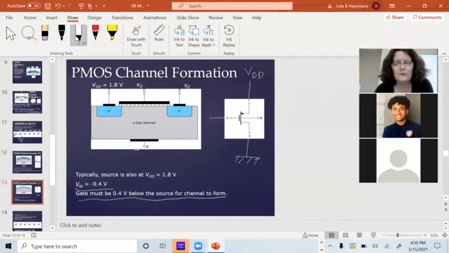All I have to do here is pull this to, let's say we ground the gate. Then I'd have 0 volts at the gate. This is 1.8, 1.8 volts at the source. The voltage difference between those two, VGS, is 0 minus 1.8, which is negative 1.8 volts.